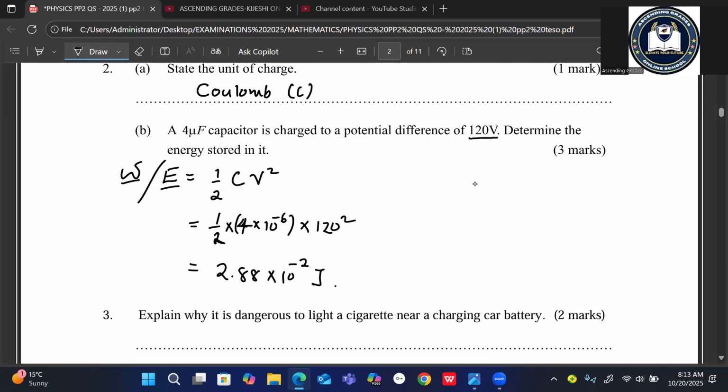Work done or energy through a capacitor is different from when you are told what will be the energy or the work done in a current carrying conductor. So you need to look at the difference.